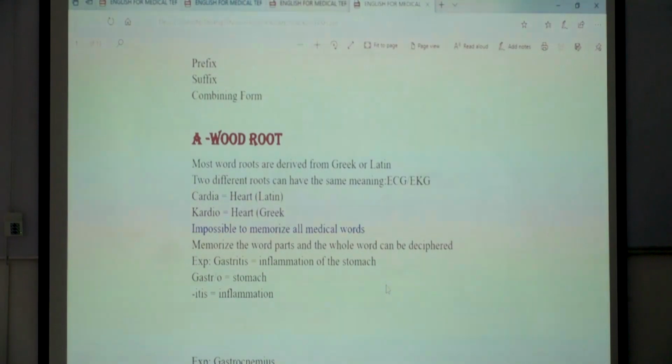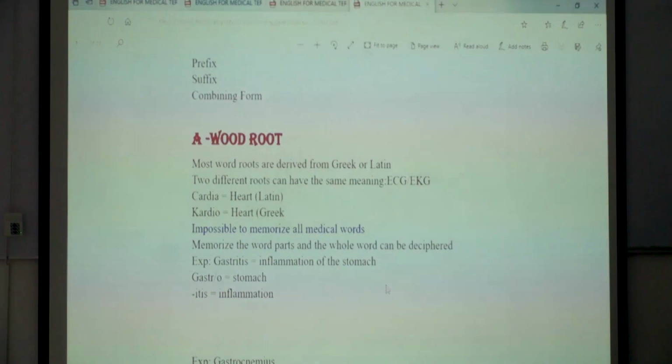Another example, osteoarthritis. Ost is bone, o is the vowel, arth is the joint, and itis is the suffix indicating inflammation.